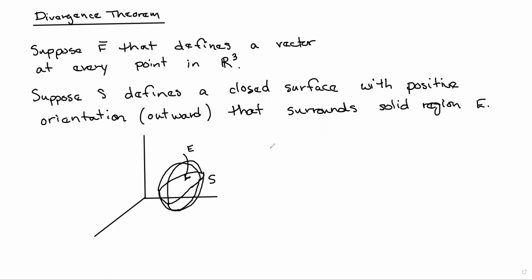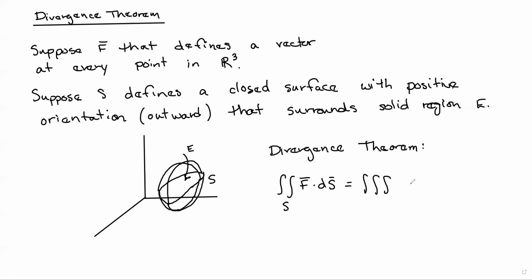All right, so what does the divergence theorem say? It says that if we went through and found F dot dS, which is the flux, that would equal the triple integral of the divergence.